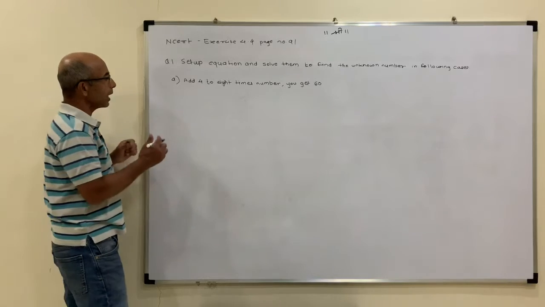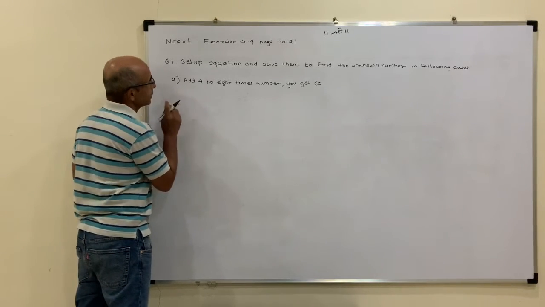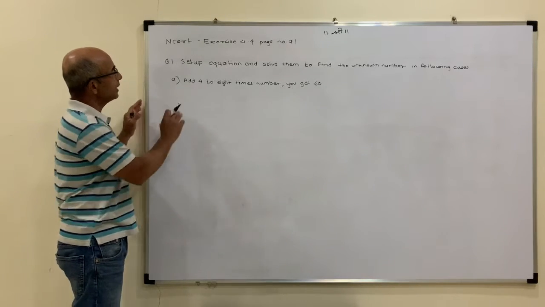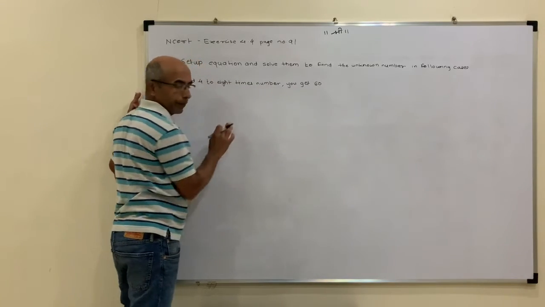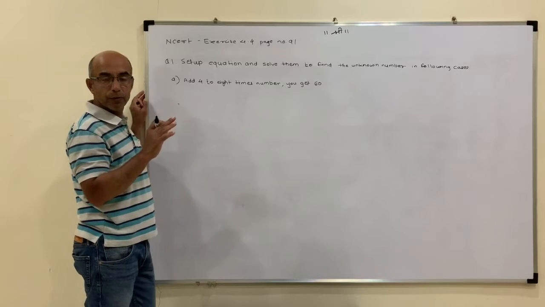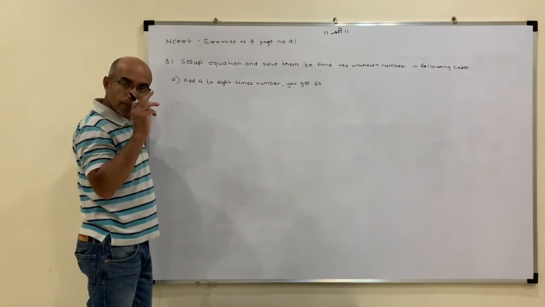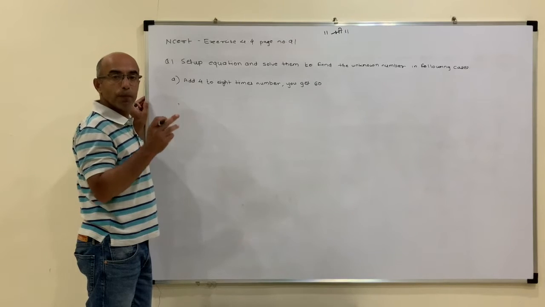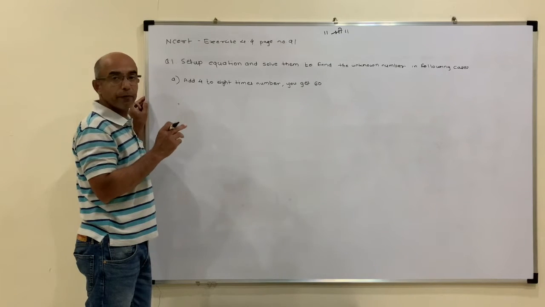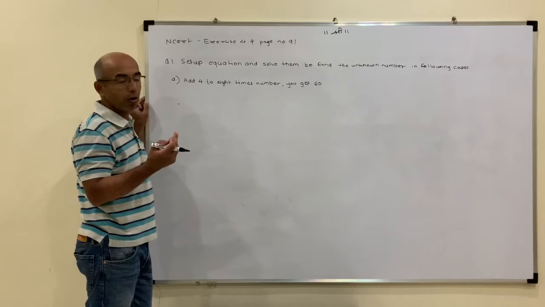So now let's try to understand this. Here it says add 4 to 8 times a number, you get 60. As I mentioned several times, you can pause the video and solve the question, and then play the video just to confirm whether your answer is right or wrong.